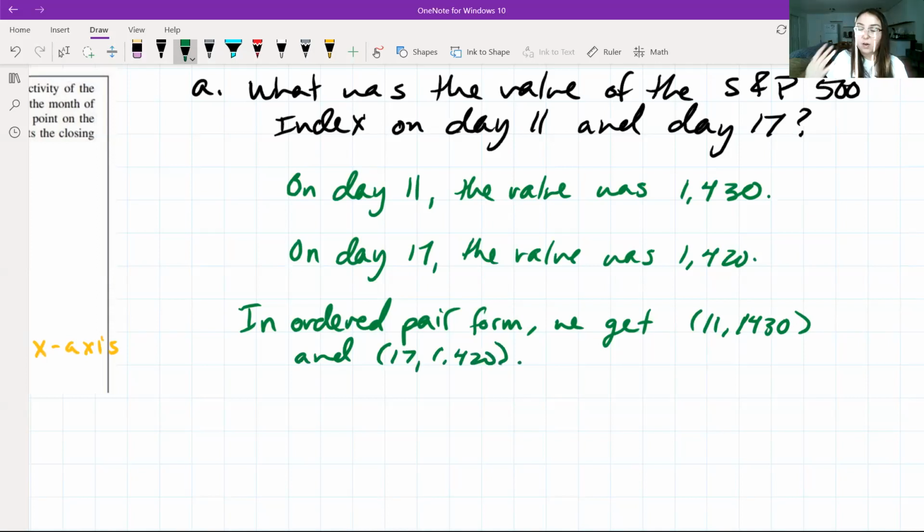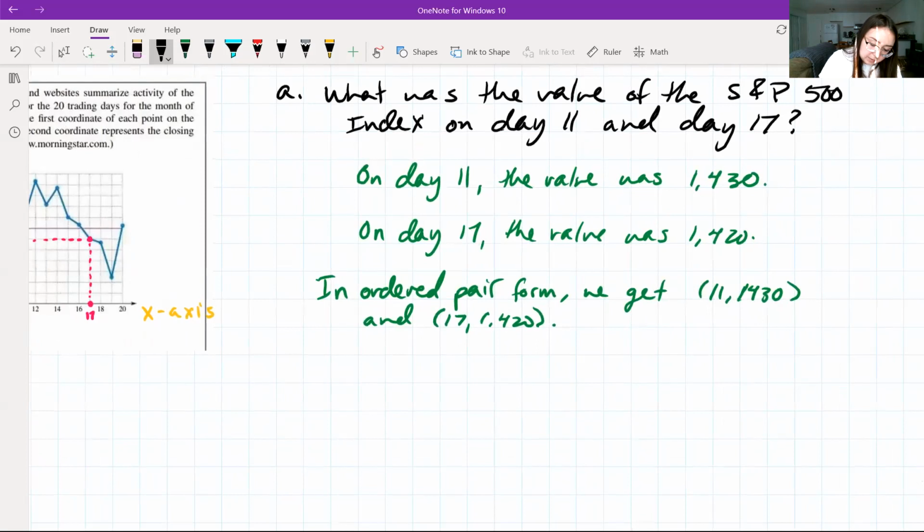That's because on day 11, the value of our S&P 500 index was 1,430, and on day 17, the value of our S&P 500 index was 1,420. So our first ordered pair will be (11, 1,430), and our second ordered pair will be (17, 1,420).